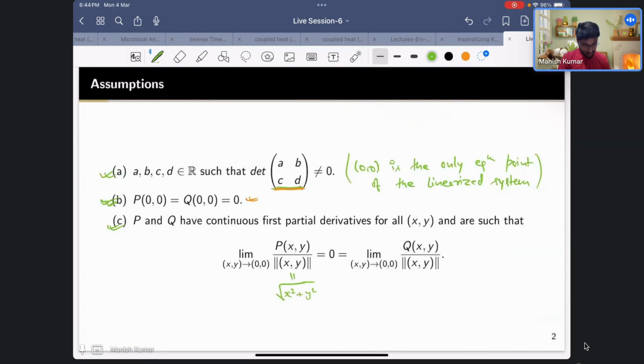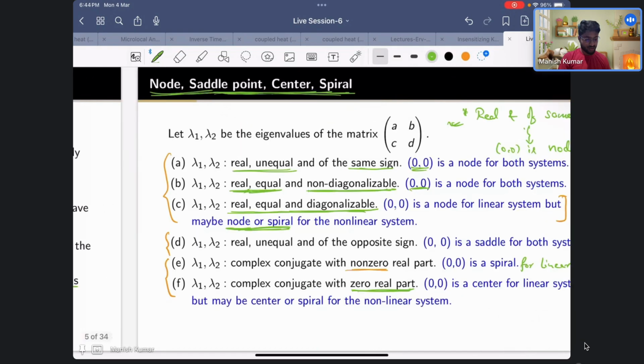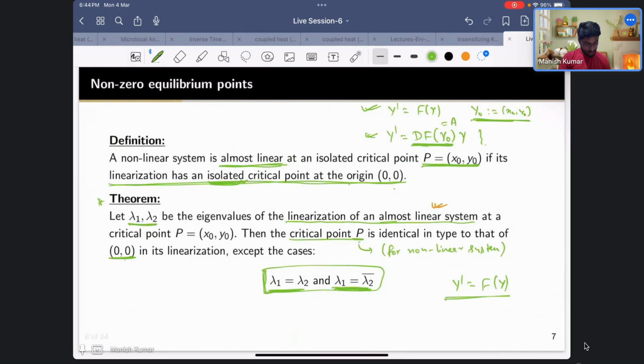We just have something similar to this one, in terms of an almost linear system, which tries to make sure that the linearized system we get has 0 0 as an isolated critical point.